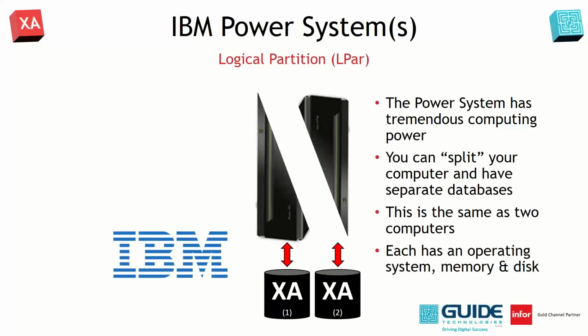In this particular case, instead of having two IBM systems, I have two versions of XA loaded on the same system, but they're in their own logical partition. Now, when I say a partition is separate, I mean right down to the operating system. Each side of this computer needs to have its own operating system. All you're doing is sharing those chips.